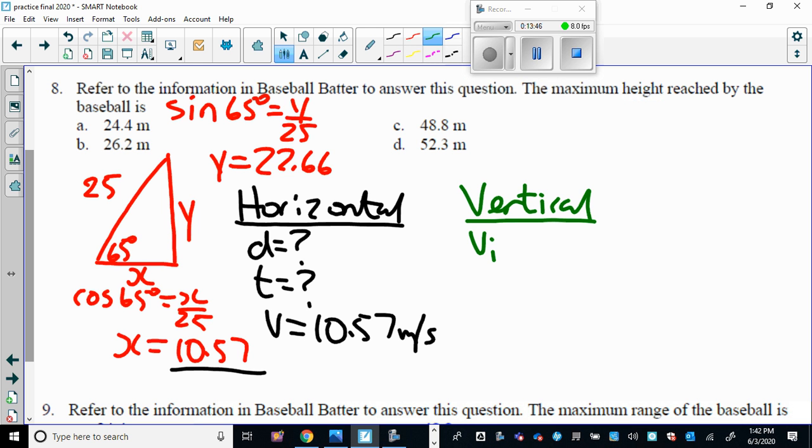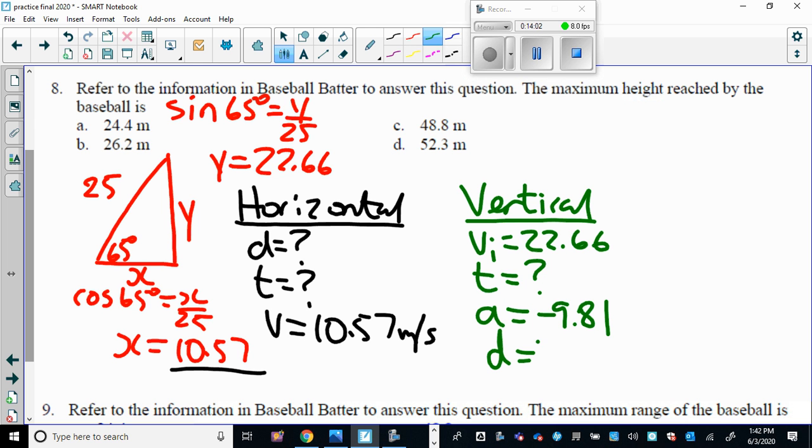What do we have from the vertical? Do we have the initial velocity? Yes, we do. Do we have the time? No. Vertically, in projectile motion, we always have acceleration due to gravity. The displacement we don't have, but that's what we want. And do we have the final velocity?